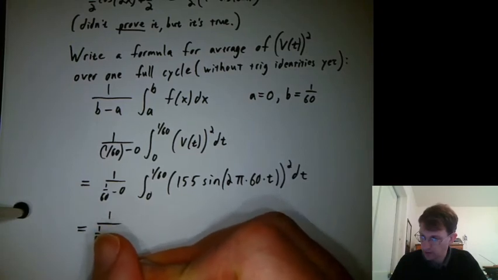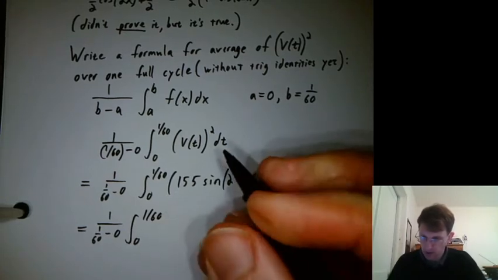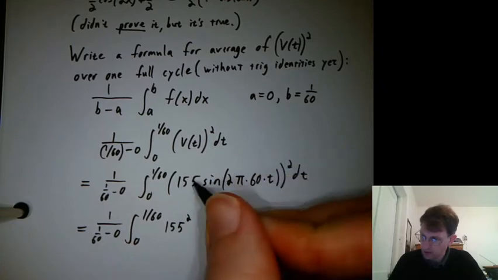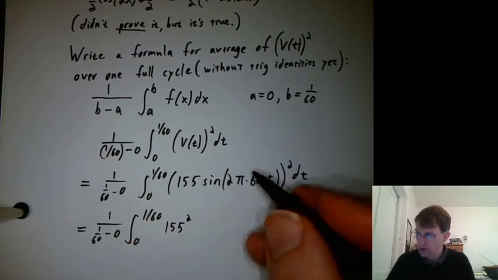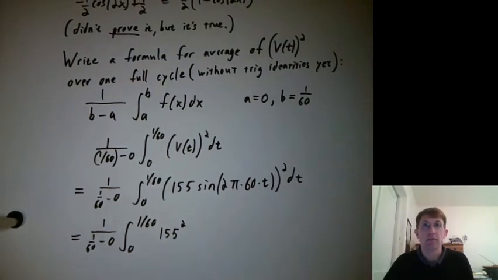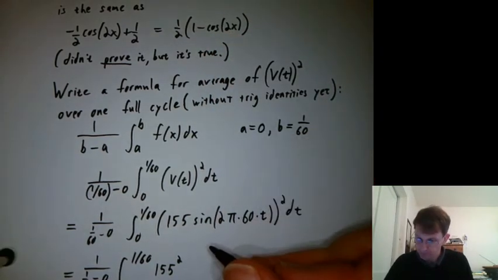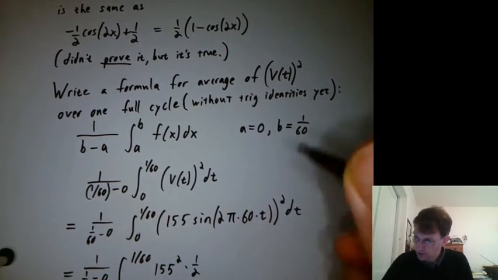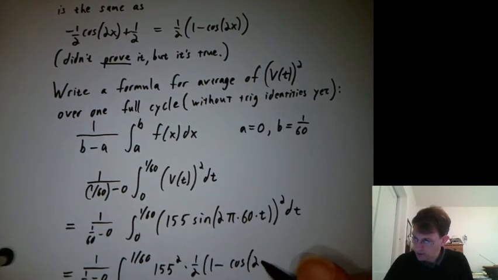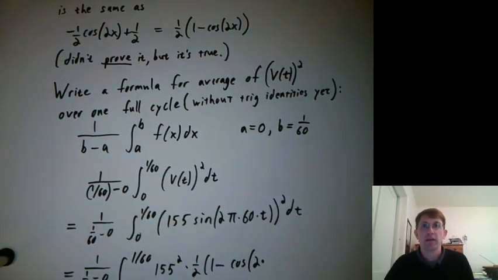So we'll still have the same thing out front. The 155, we can just apply the squaring to that and then not worry about it as part of the trig identity. So instead of sine squared, I write a half out front, 1 minus cosine of 2 times whatever I was taking the sine of.